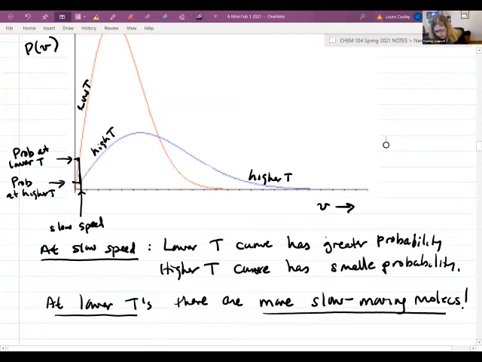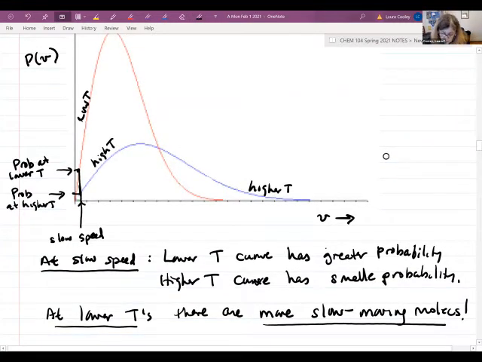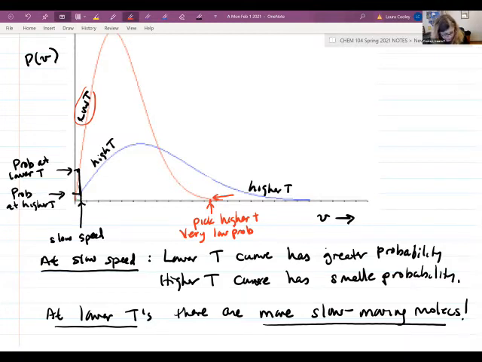Okay, and if I go ahead and do these and look at the opposite situation, well, not really the opposite, but I look at a higher temperature. So here I'm going to pick a higher temperature. Here you could see this Y value is a very low probability of the low temperature curve having that speed.